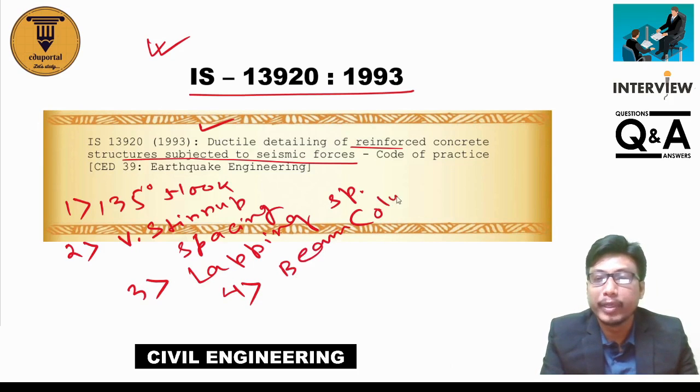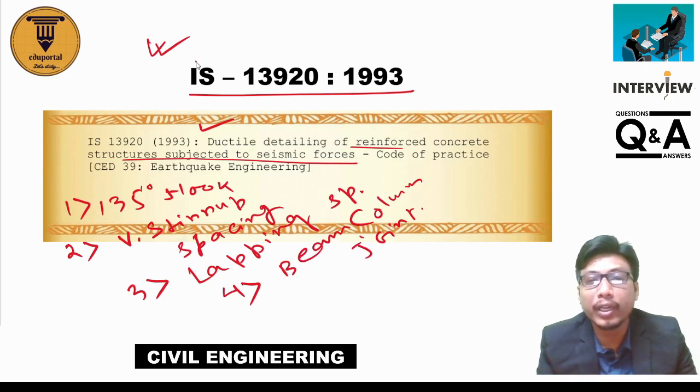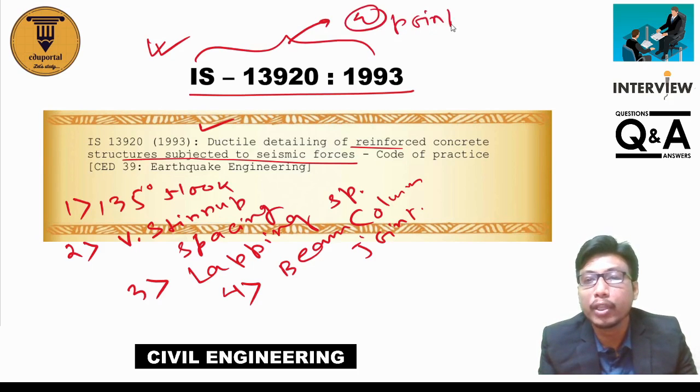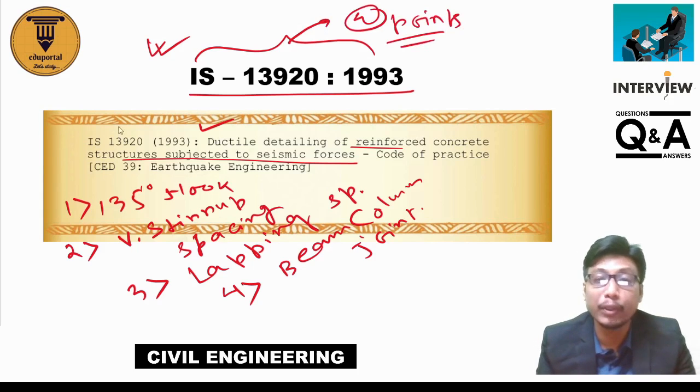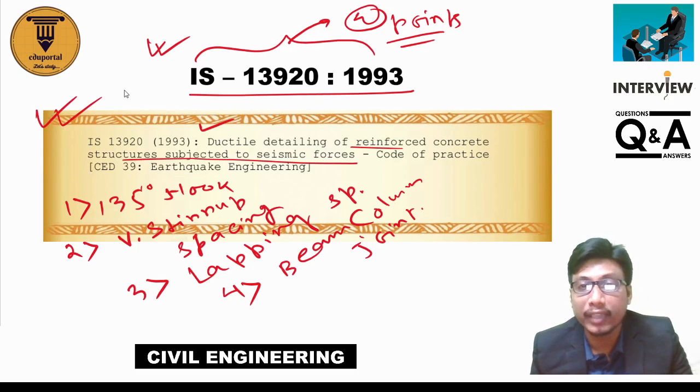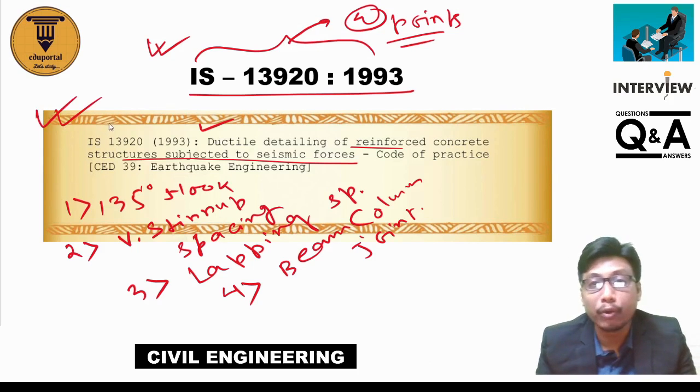Before going to the interview, make sure that you have studied these 4 points. If they ask you to say something about ductile detailing, you must say these 4 points. These are very important. Go through IS 13920 and make a note of these 4 points.